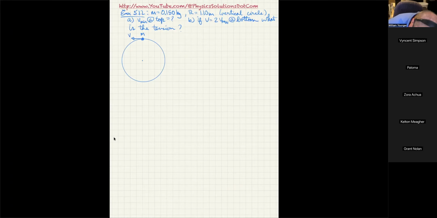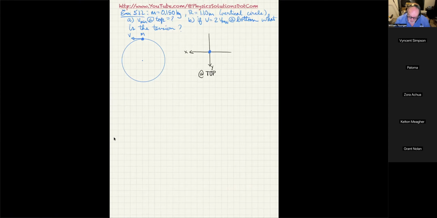So I'm going to draw a free body diagram for the ball at the top. And what we get is this. At the top, let's say the downward direction is the positive y direction, and let's say the left direction is the positive x direction.